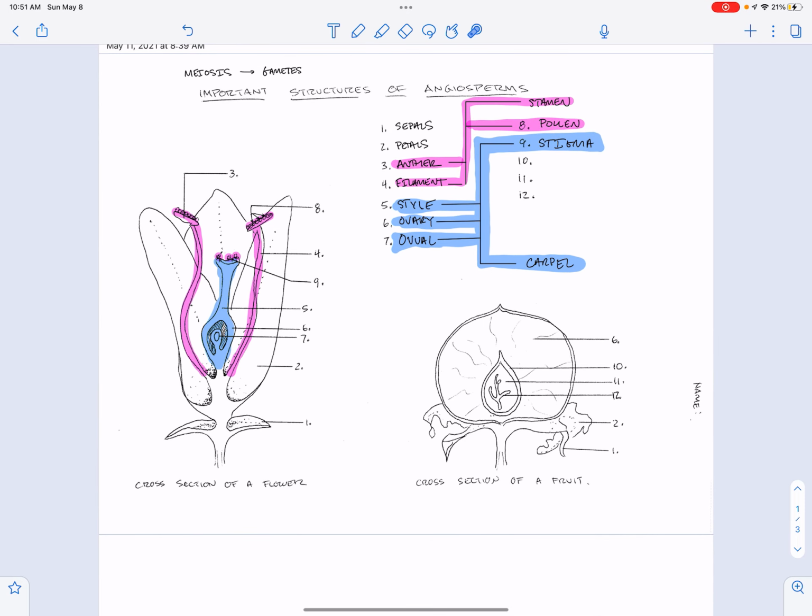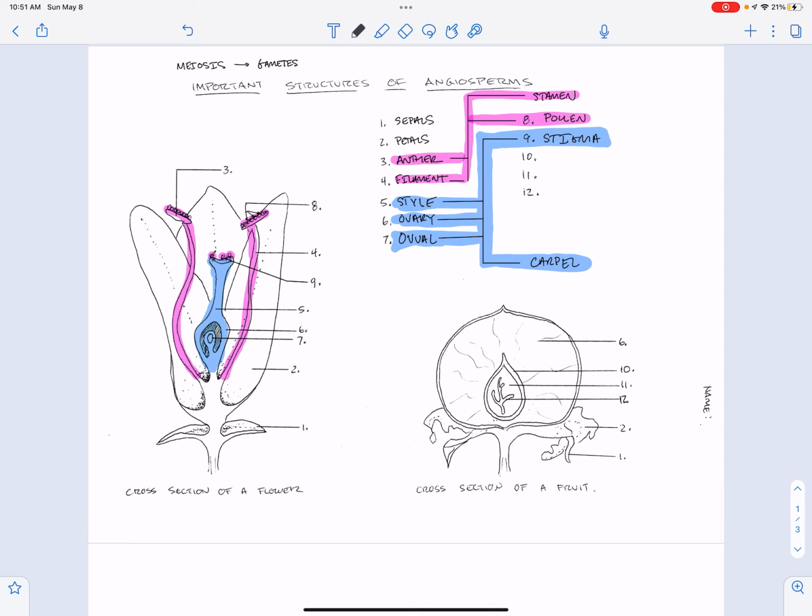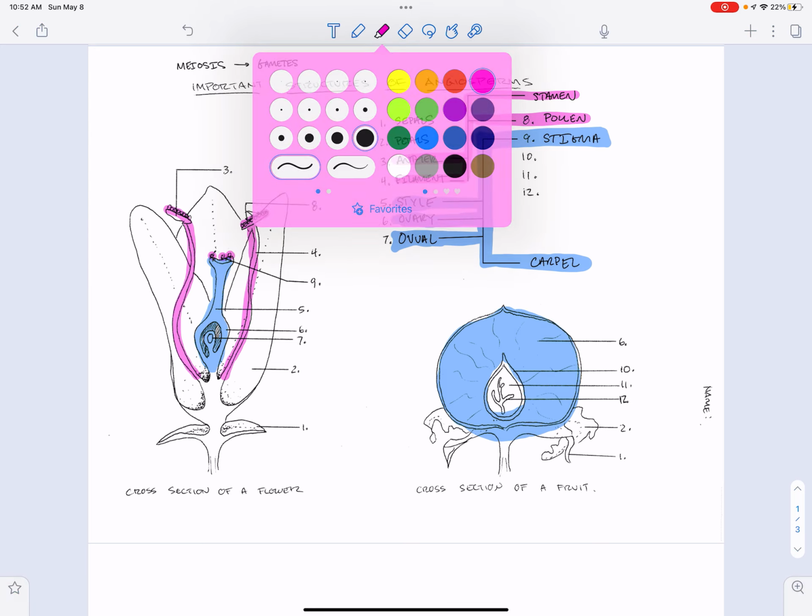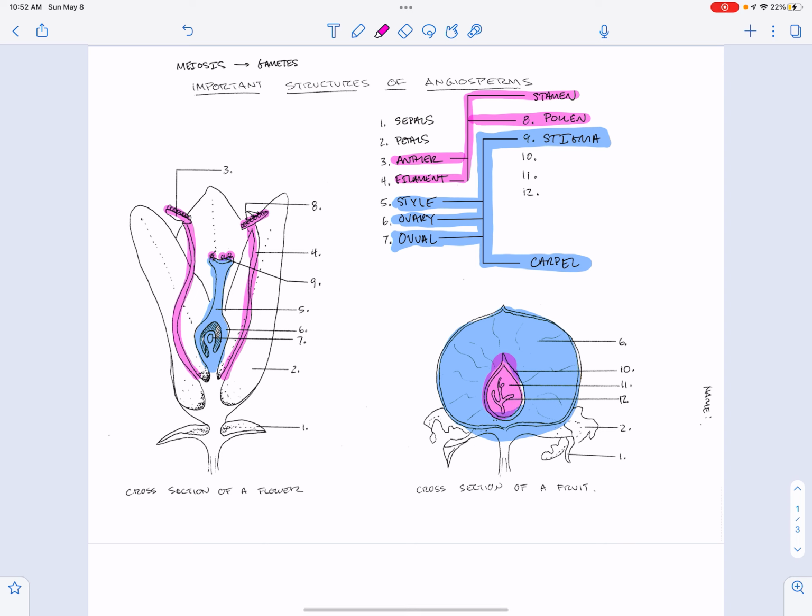So this is plant sexual reproduction. Okay, what I'm going to draw here is all of this is blue. And in the center, we have purple, a combination of blue and pink.